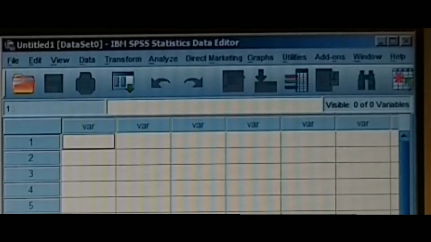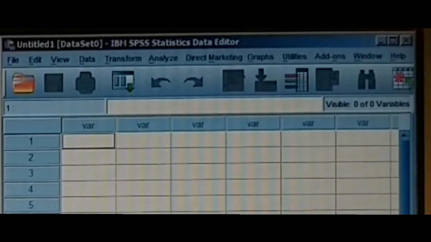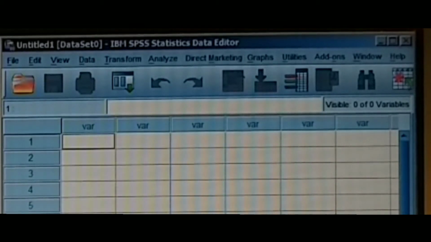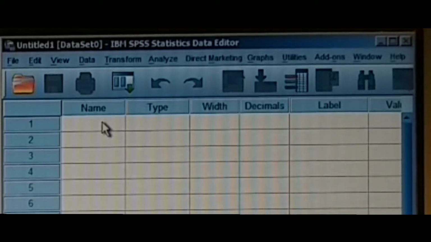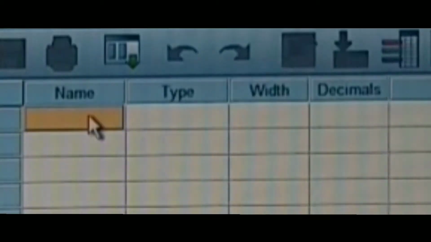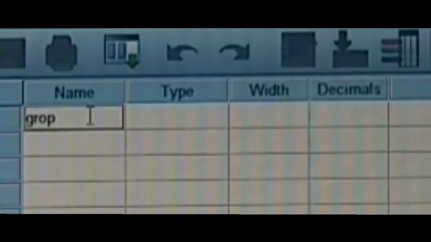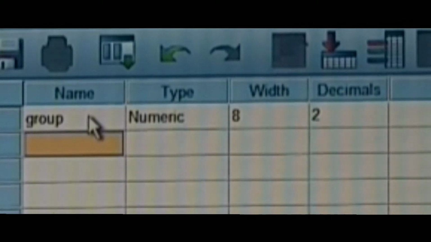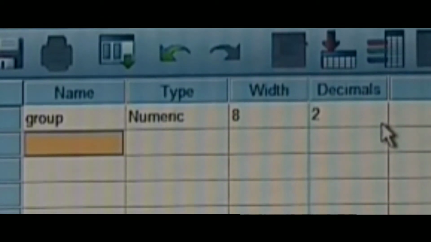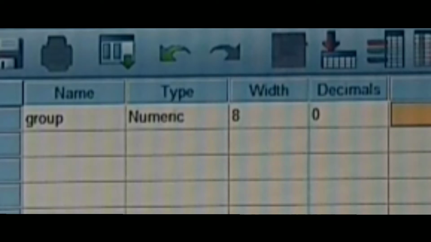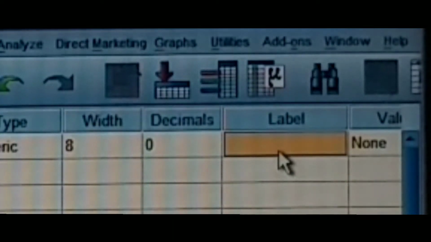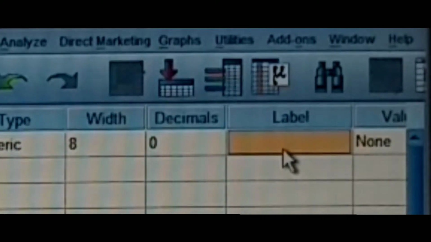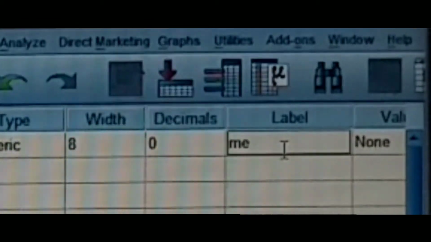Now, to do the coding in SPSS, let us first go to variable view and assign a variable named group. We will put 0 on the decimals, and for the label, let's say medication.